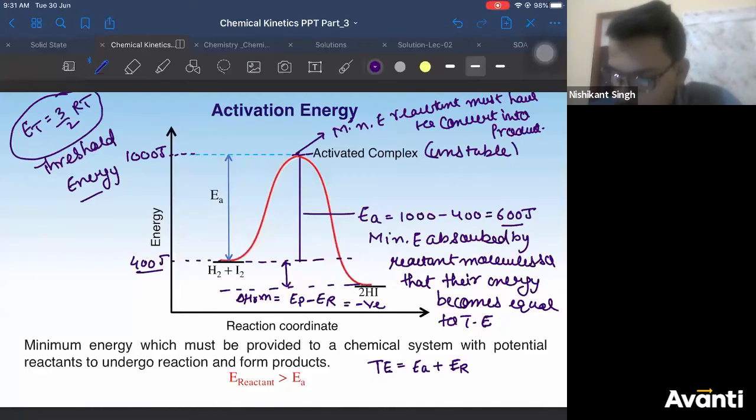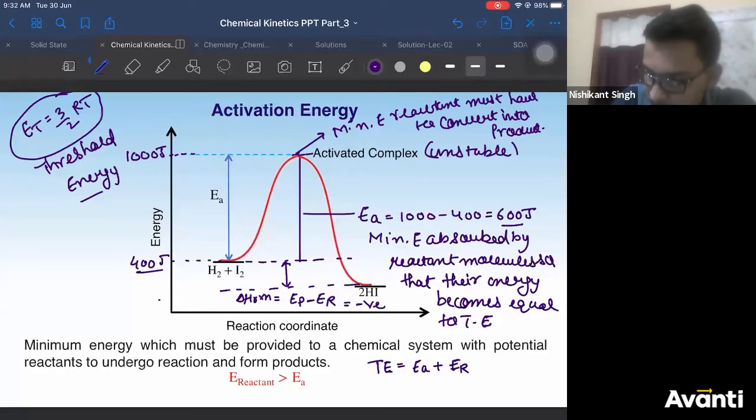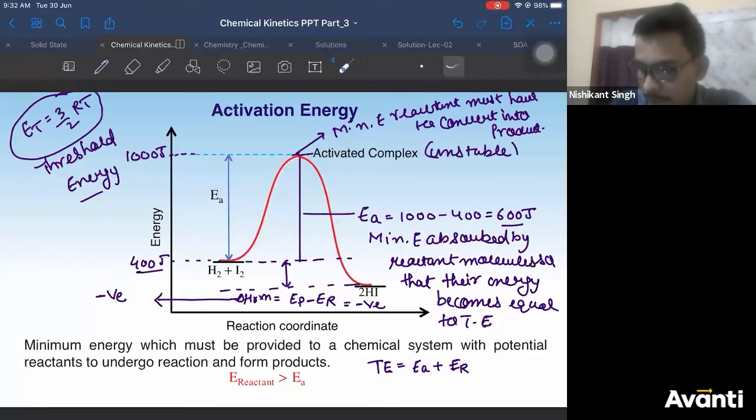Now, one more thing which you can observe here is that in this graph, delta H of reaction will come out to be negative. Why is delta H negative? Because product energy is less than reactant energy.